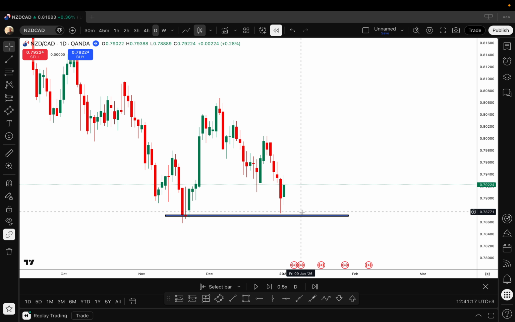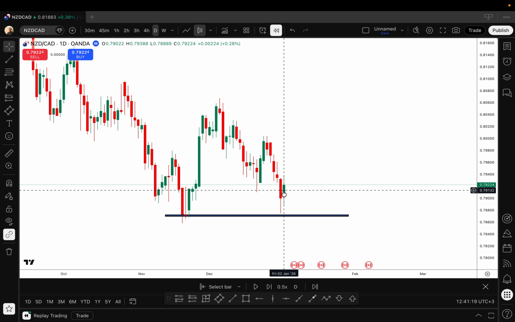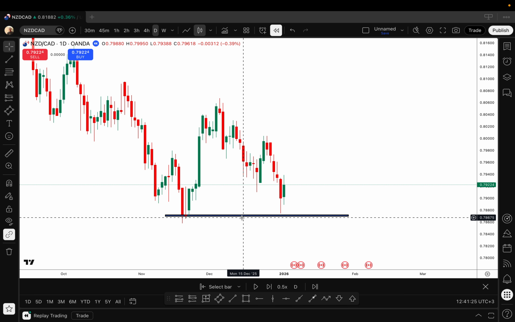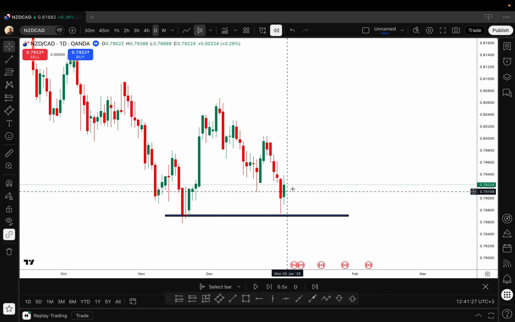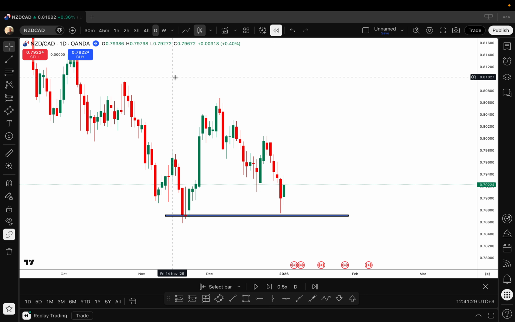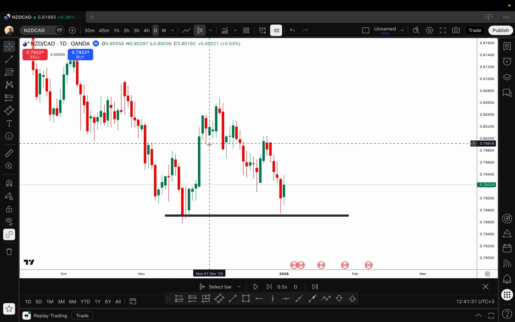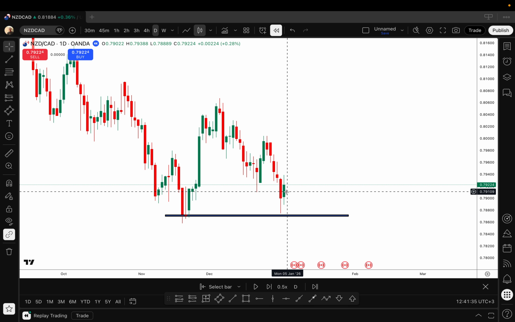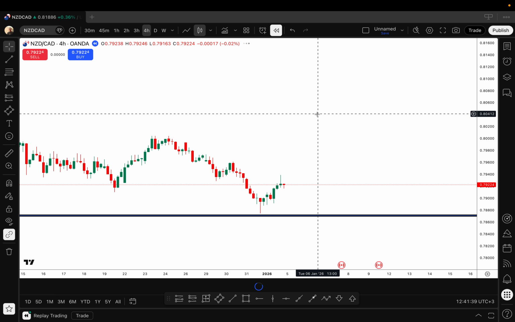Okay. So now this is the daily time frame. Price has bounced off. We have marked out our zones, we have waited for price to come to the area, and we have gotten the confirmation. Price has bounced off, so we go down to the medium time frame.